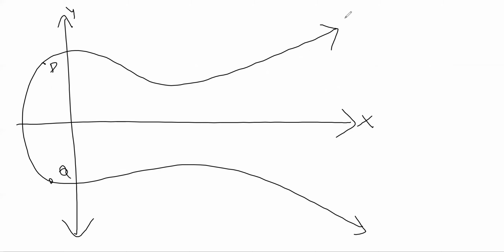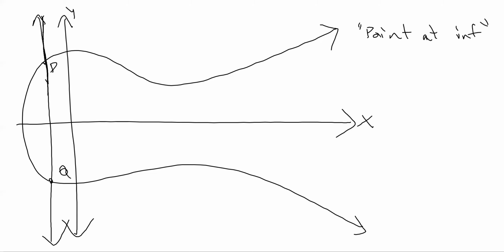They lie perfectly on a line parallel to the y-axis. In this case, there is no third point of intersection to find R. So there's a special notion of what the sum of P plus Q is in this case, and that's called the point at infinity.